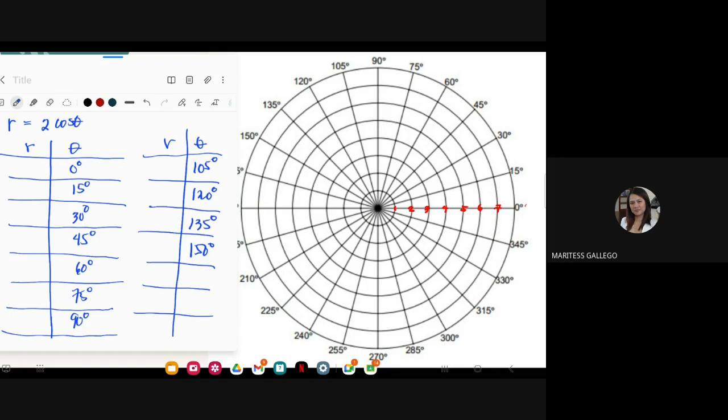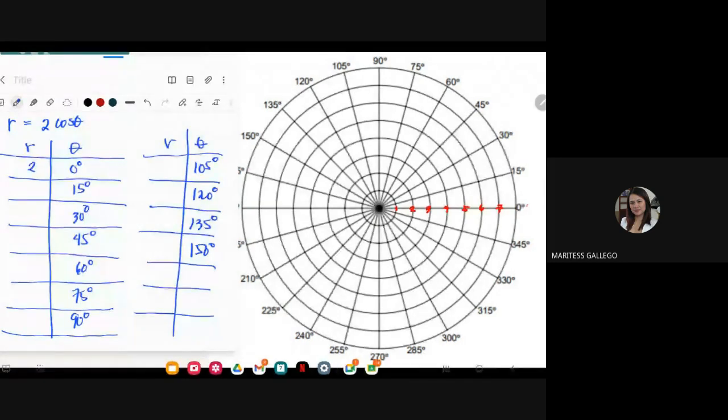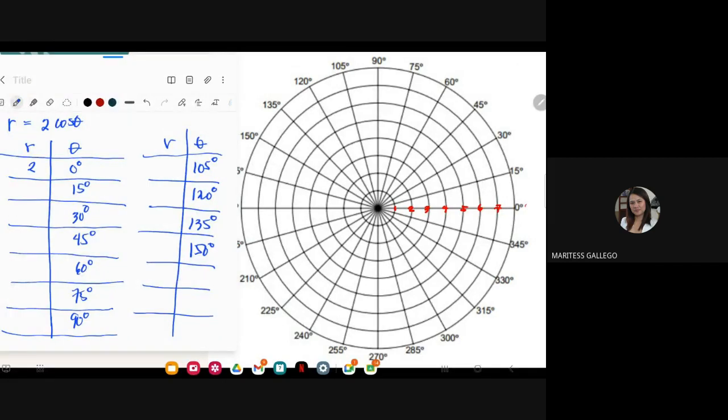Okay, meron na ba? May value na ba yung ating 0 degree? What is the value of r? Cosine. 2 cosine of 0. And that's positive 2. How about the rest? I'll wait for your answer.